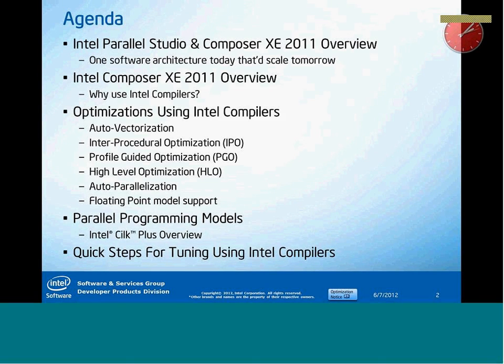I'll also touch on parallel programming models, primarily on Intel Cilk Plus. That's our latest addition to our parallel programming models, and a pretty useful and easy to use parallelism model. And I'll close by reviewing the quick steps for tuning using Intel compilers.